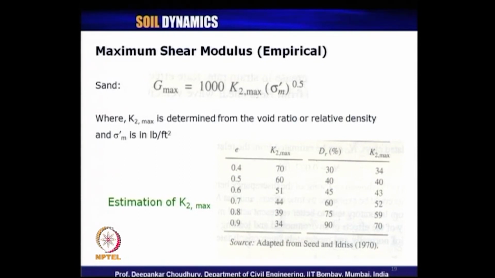Seed and Idris did experiments mostly with California sand, US sand, which may not be true for our Indian sand or some other country's sand. That is why later on several researchers from different countries have proposed different empirical relationships to compute the Gmax value for different countries or regions.